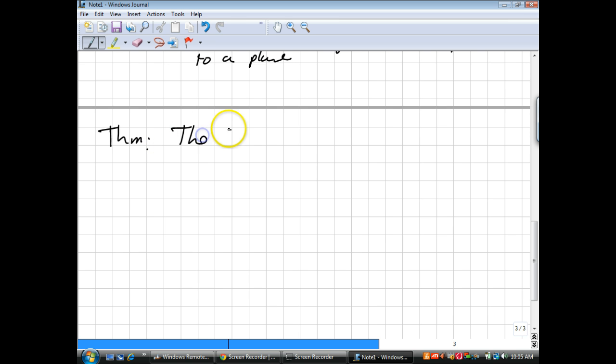It's called the triangle inequality theorem.